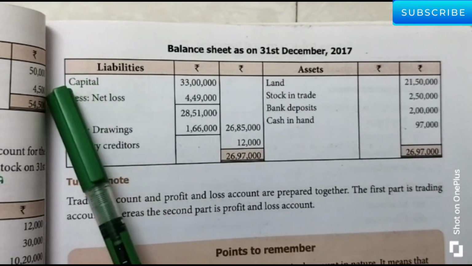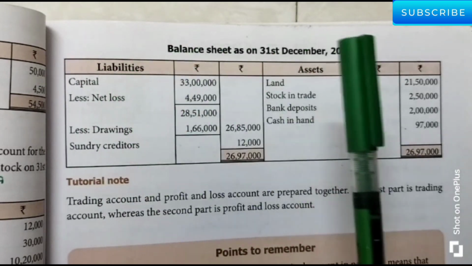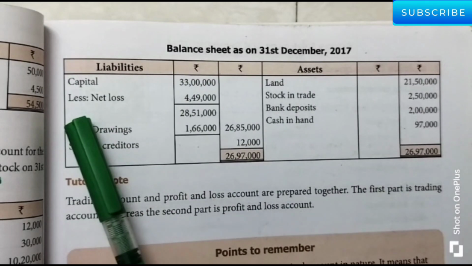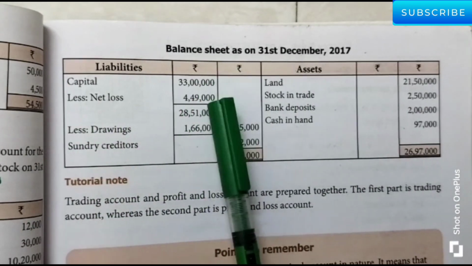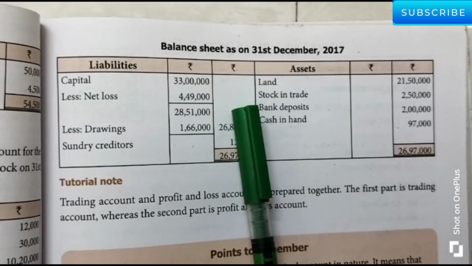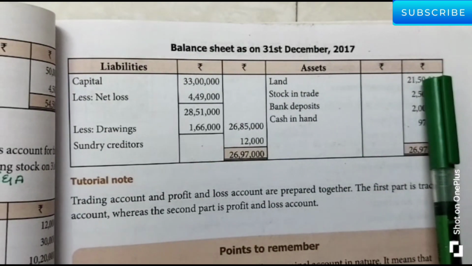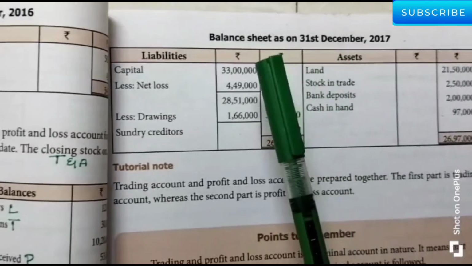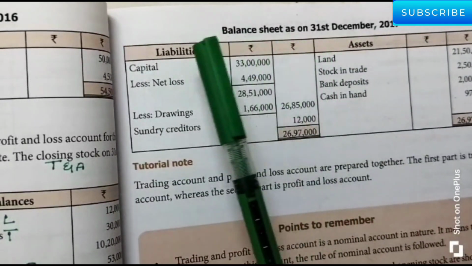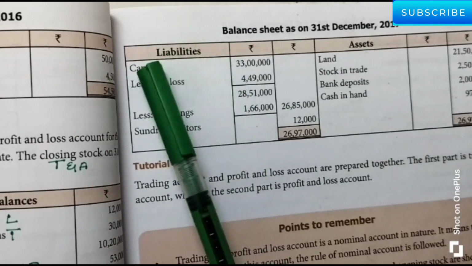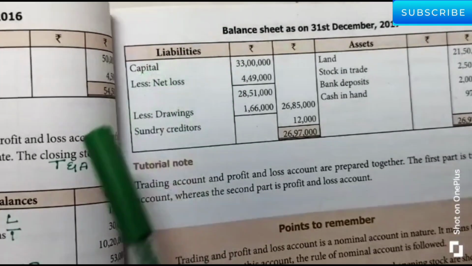Liabilities is on the left hand side, which we call the liability side, and the right hand side we call the asset side. Liabilities contains 2 columns, inner amount column and outer amount column, and the asset side also has 2 columns, inner amount column and outer amount column. As per the format of the balance sheet, you always start by entering the liability side.